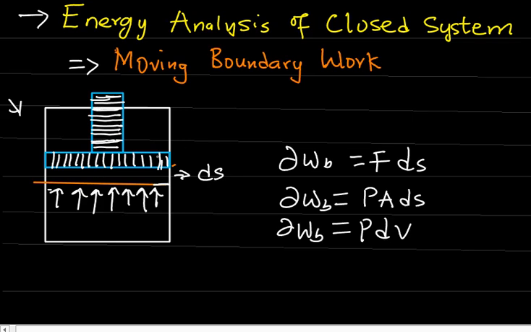To illustrate this, this is a cylinder that has a piston, having a gas inside it. Now you know very well that the gases exert pressure on this cylinder, and the work is done by the gas, which pushes the piston up.